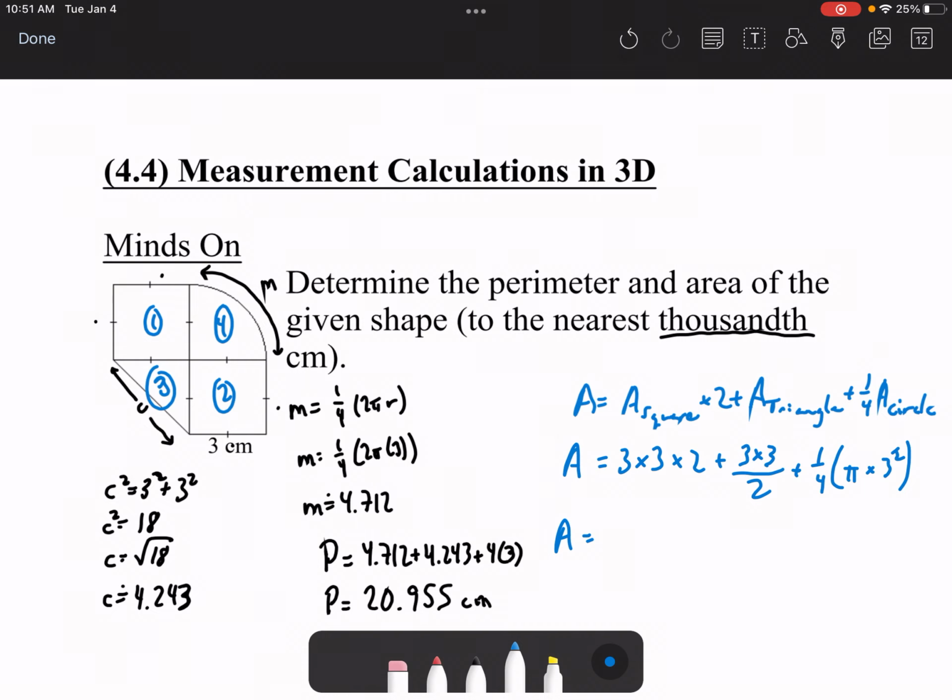Substituting all these values in and working out my values, I'm going to verify on my calculator.